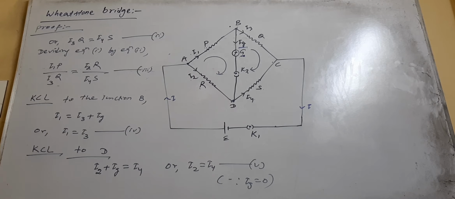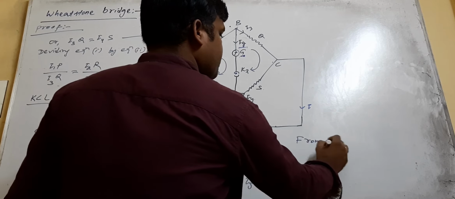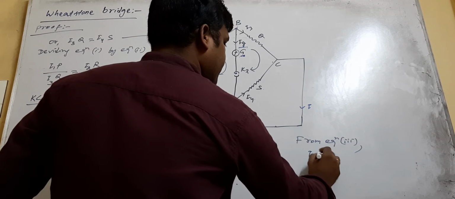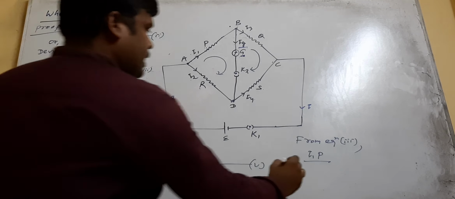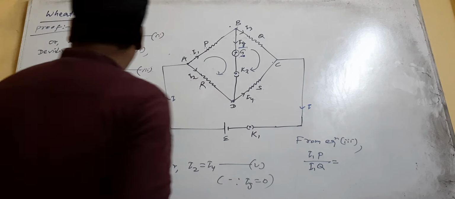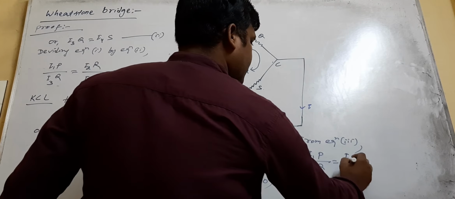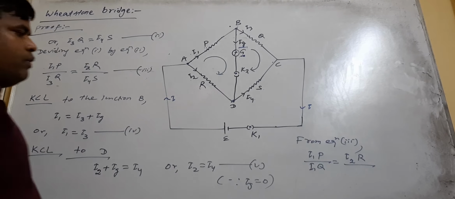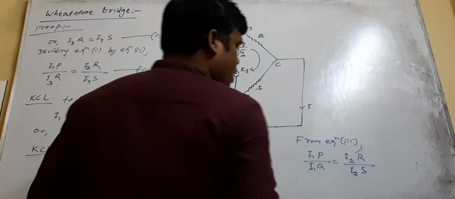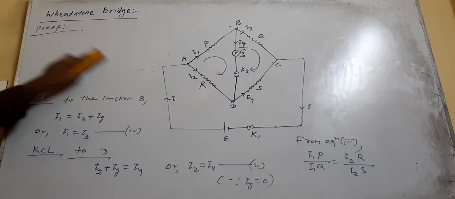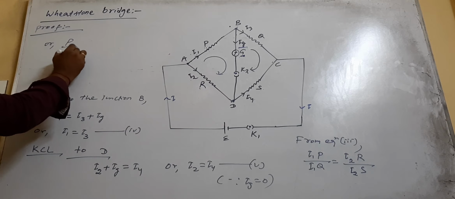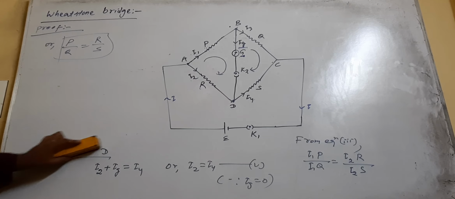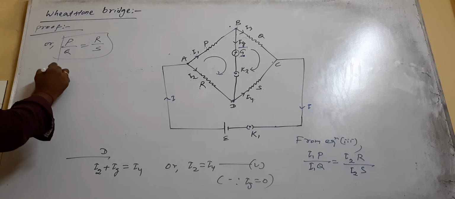So from equation 3, you see, in place of I3 you can write I1, I1Q is equal to I2R divided by, in place of I4 you can write I2S, or you can get P by Q is equal to R by S. It is the balanced condition of Wheatstone Bridge, hence proved.